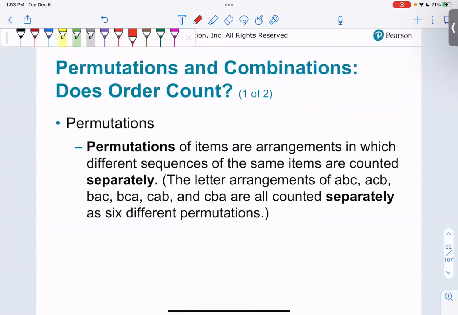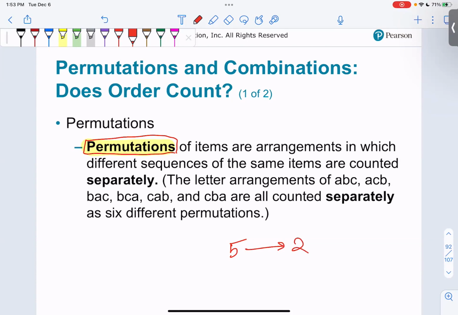Okay, and now we have 2 different things, if we want to select. So imagine that we have 5 students here, and I want to select just 2 from those students.